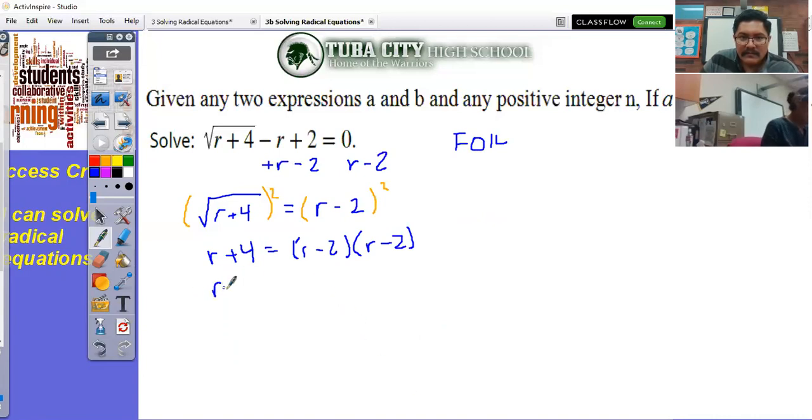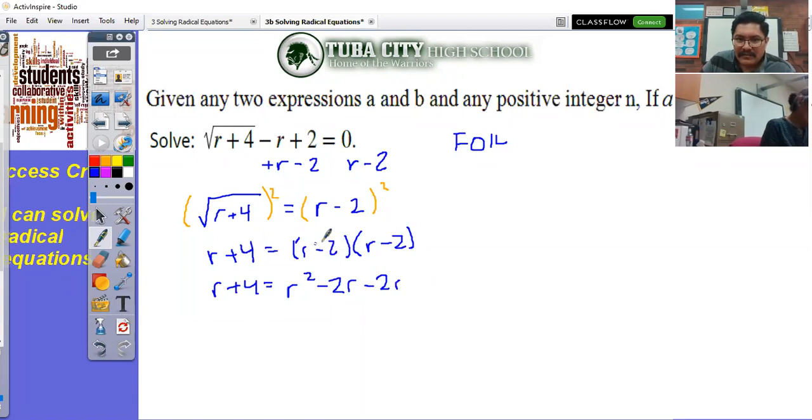So r plus 4 equals now first number, so r times r, first number in each set. So that would be r squared. Outside numbers, so the 2 outer numbers, so negative 2r, because r times negative 2 is negative 2r. Inside numbers, so negative 2 times r is going to be also negative 2r.